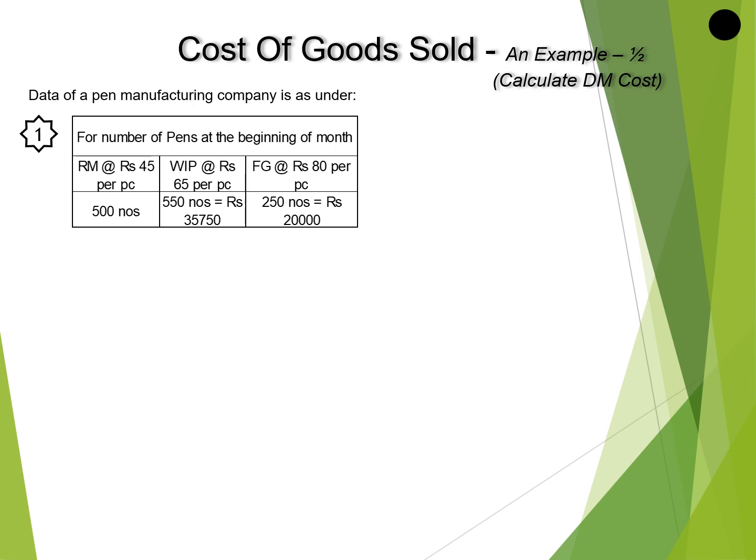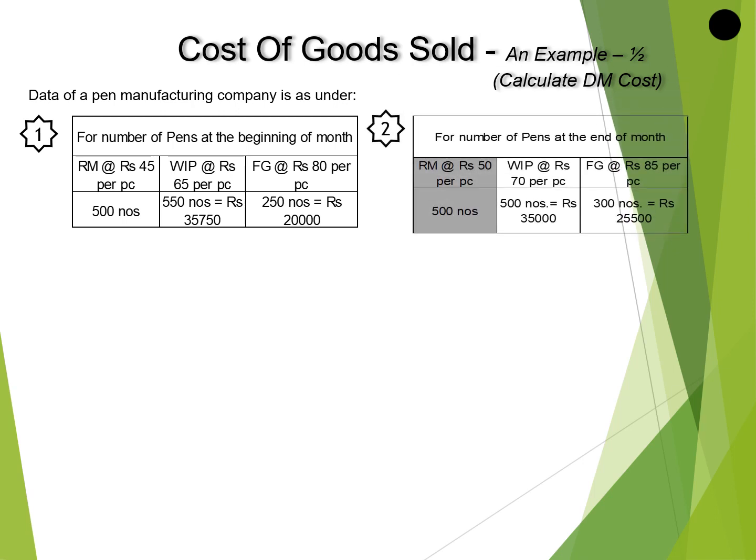There were total 550 pieces available in WIP, work in process, at rupees 65 per piece. So WIP cost was rupees 65 into 550, total 35,750. In FG there were 250 pieces available and cost per piece was rupees 80. So 80 into 250, rupees 20,000 is the FG cost at the beginning of the month.